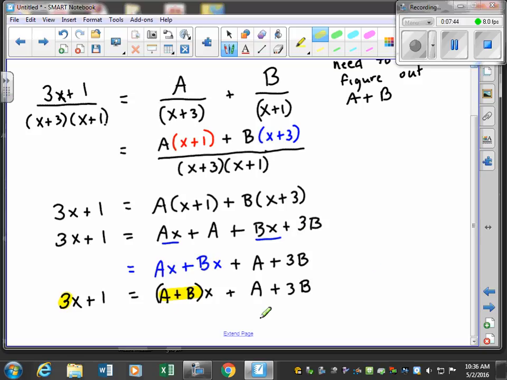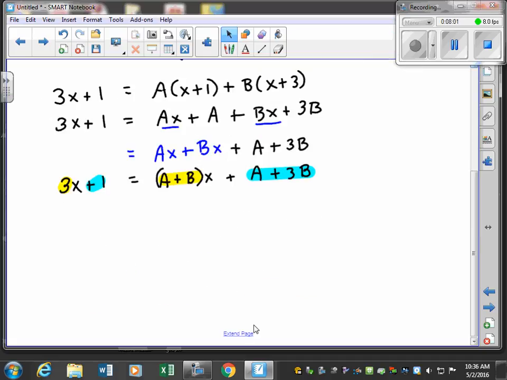Okay, so we can set that up. And what about this 1? It is equal to everything that's left over here, right? So we're going to set those two up. So what I have now is a plus b is equal to 3.